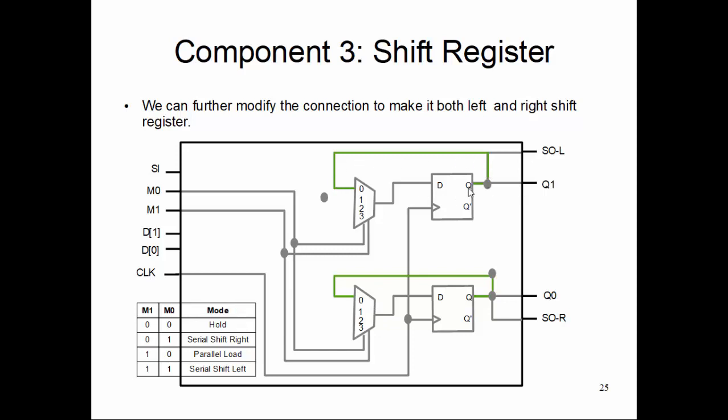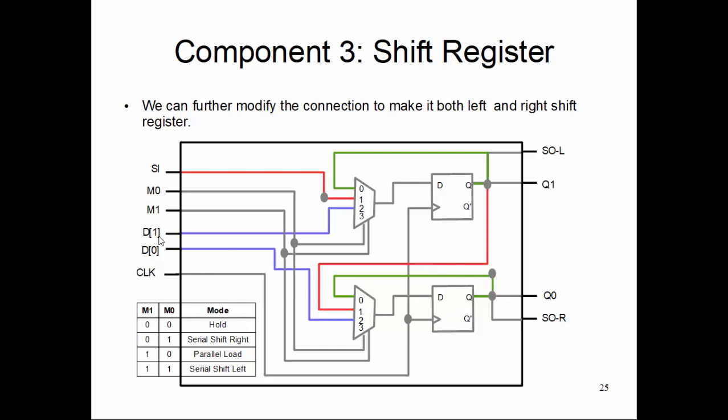And then the scan in for the serial shift right is the same as the previous one. We connect it to terminal 1 of the multiplexer, and then Q1 is connected to terminal 1 of the multiplexer for the Q0 flop. That's the connection we have already seen. And for parallel load, we have seen that connection already in the previous slide, D1 and D0 will be loaded. Now the serial shift left, which is 1 1, means terminal 3 needs to be selected.